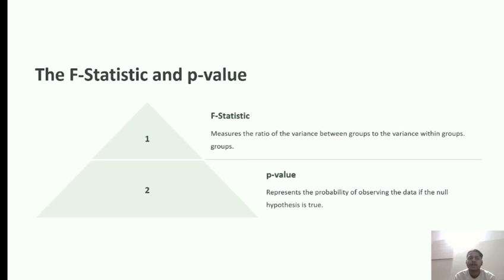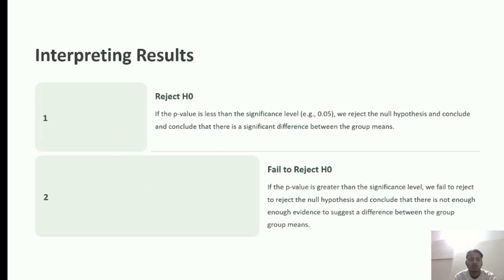The F statistic and p-value. The F statistic measures the ratio of the variance between groups to the variance within the groups. The p-value represents the probability of observing the data if the null hypothesis is true. Interpreting results.